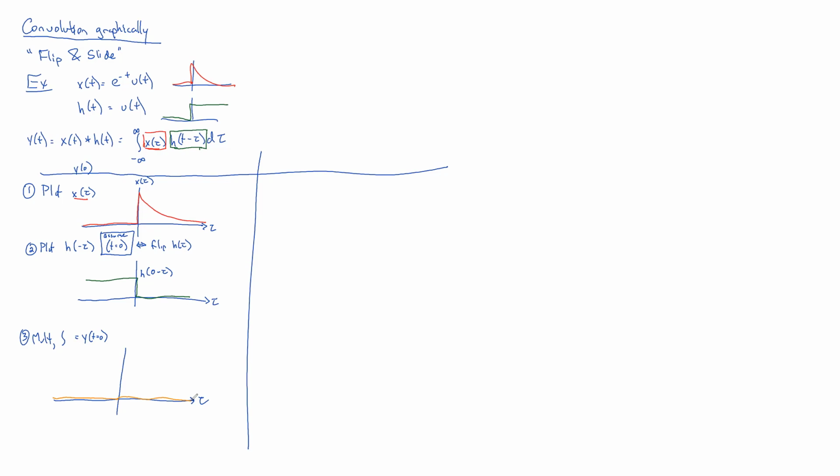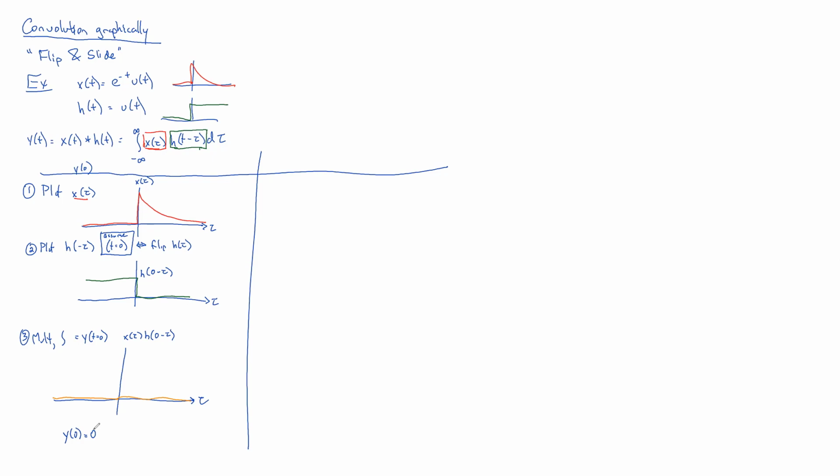And what I've just graphed here is the product of x of tau times h of 0 minus tau. I've just graphed everything inside this integral sign. And so now I'm going to do the integral. And Aiden, what is the integral of that? 0. So therefore, the integral is 0. So therefore, y of 0 equals 0. Did I answer your question?